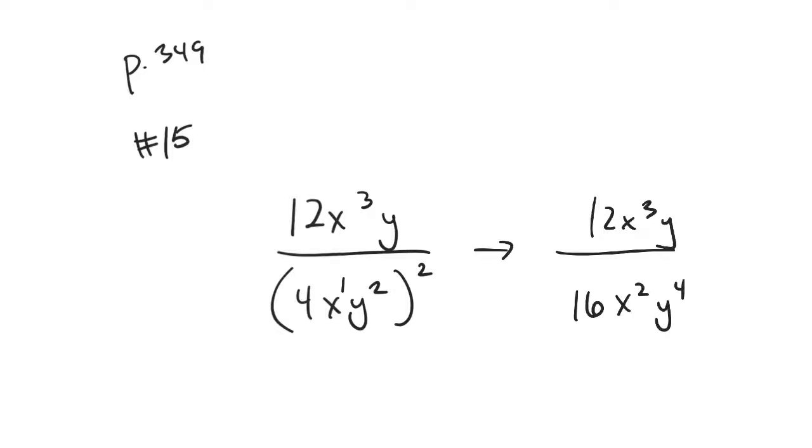Then I simplify after that. My 12 and my 16 both have 4 go into them. So that becomes a 3. That becomes a 4. X cubed over x squared. I think of having 3 x's up top and 2 down below. These 2 down below cancel with 2 from up top, leaving me an x up top. That's gone.